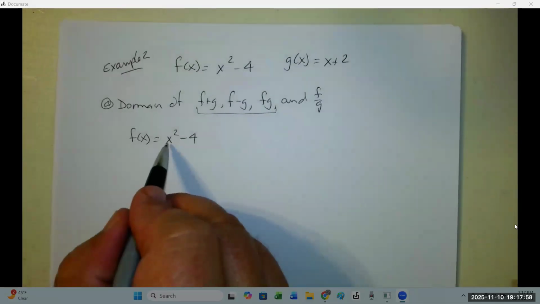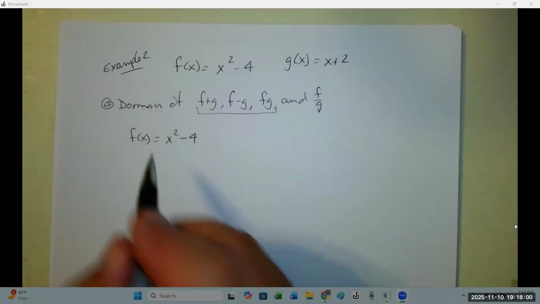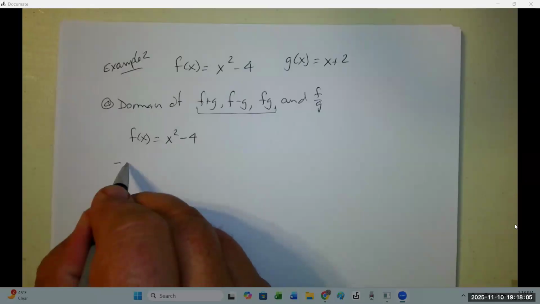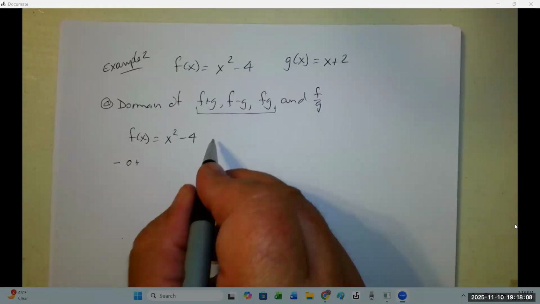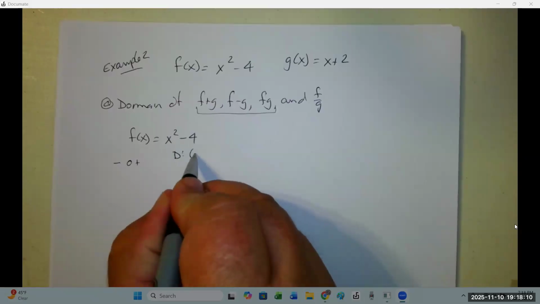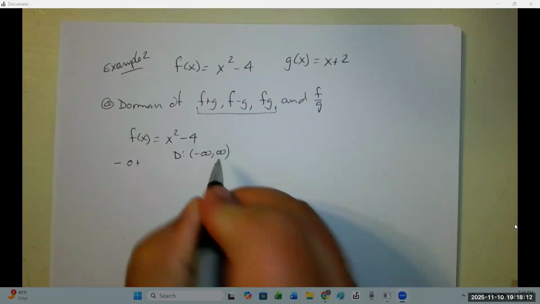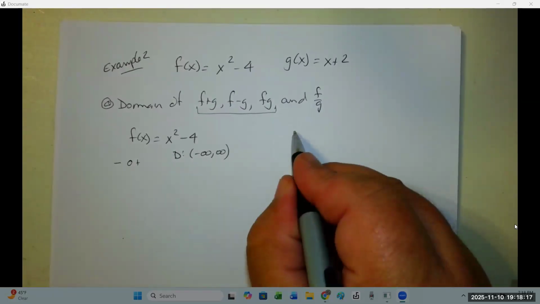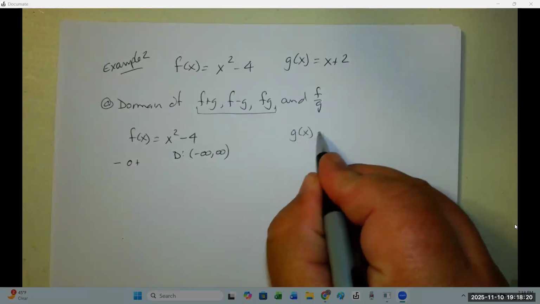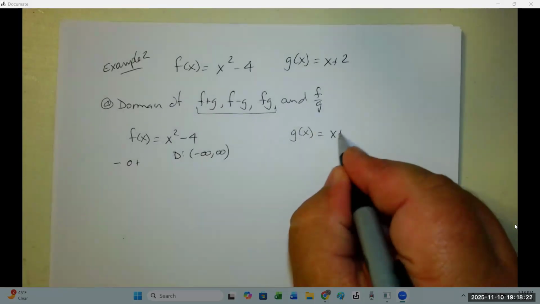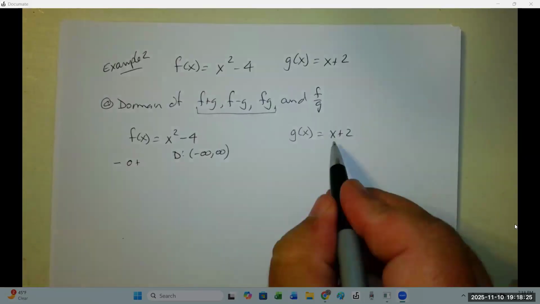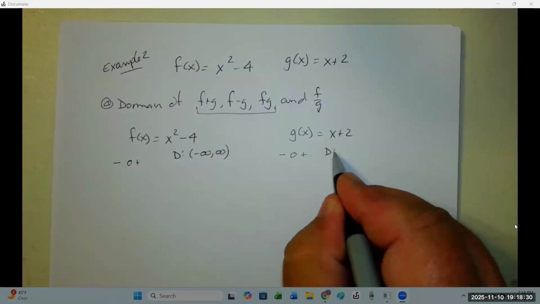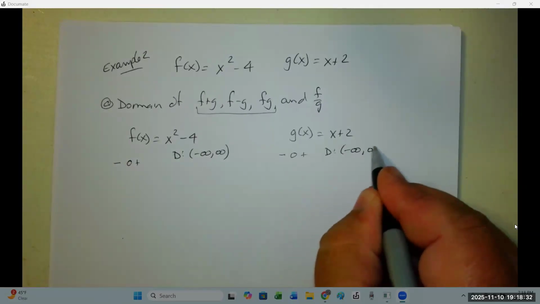Are there any x values we can put in there that make it undefined? No. X can be negative, 0, or positive. So the domain of this function is from negative infinity to positive infinity. And the g of x function, x plus 2, is a linear equation. X can be negative, 0, or positive, so this one is also from negative infinity to positive infinity.